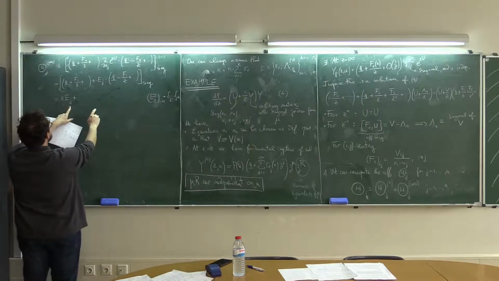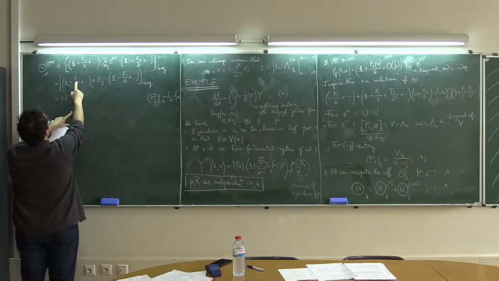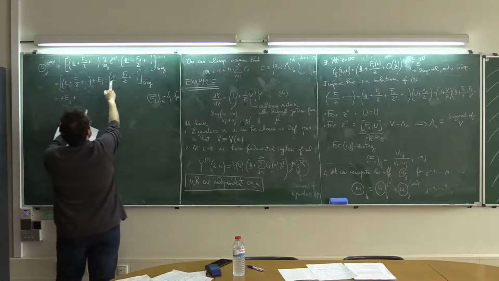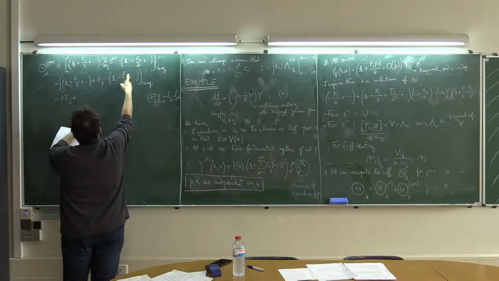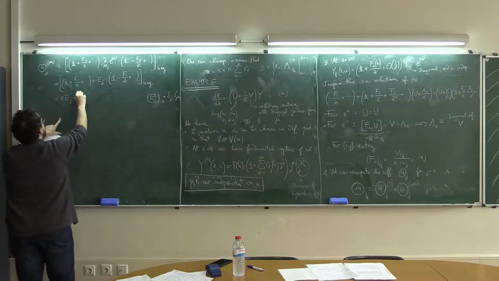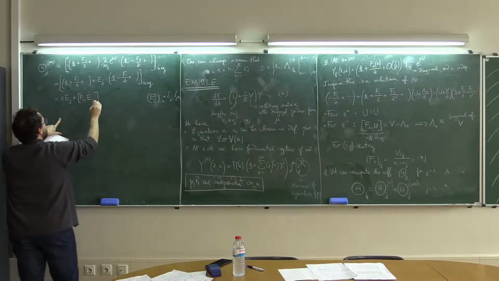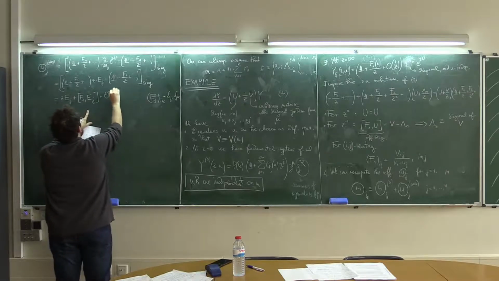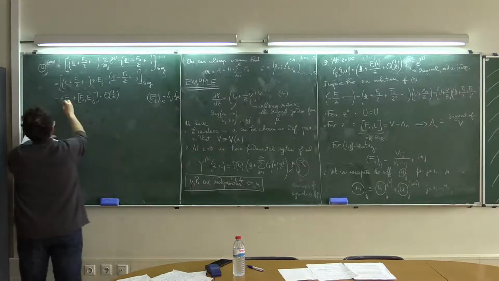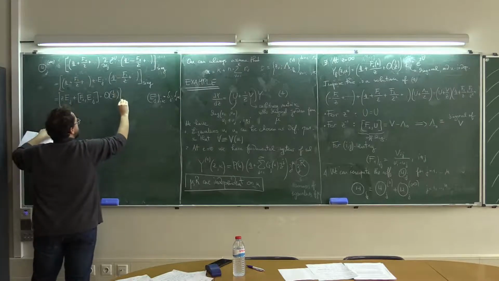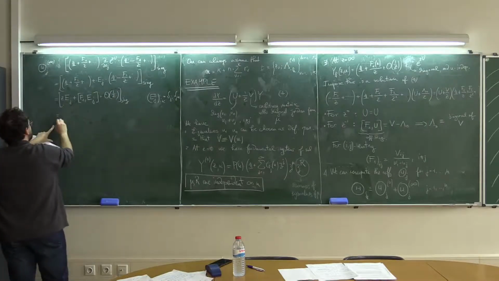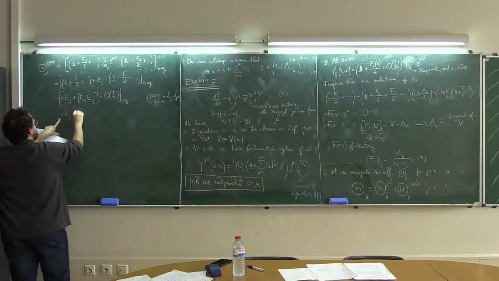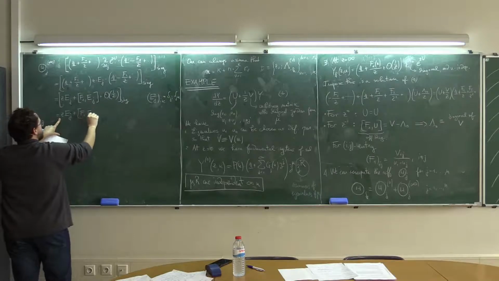Then we have f1 times ej minus ej times f1, that is to say the commutator of f1 and ej, and all the remaining terms are big O of 1 over z. So the singular part at infinity equals exactly these two terms: z ej plus the commutator of f1 and ej.